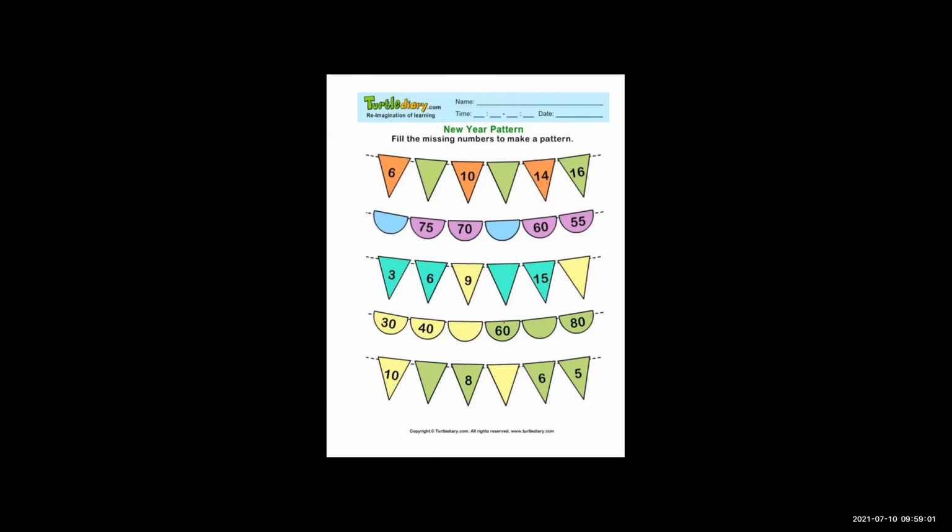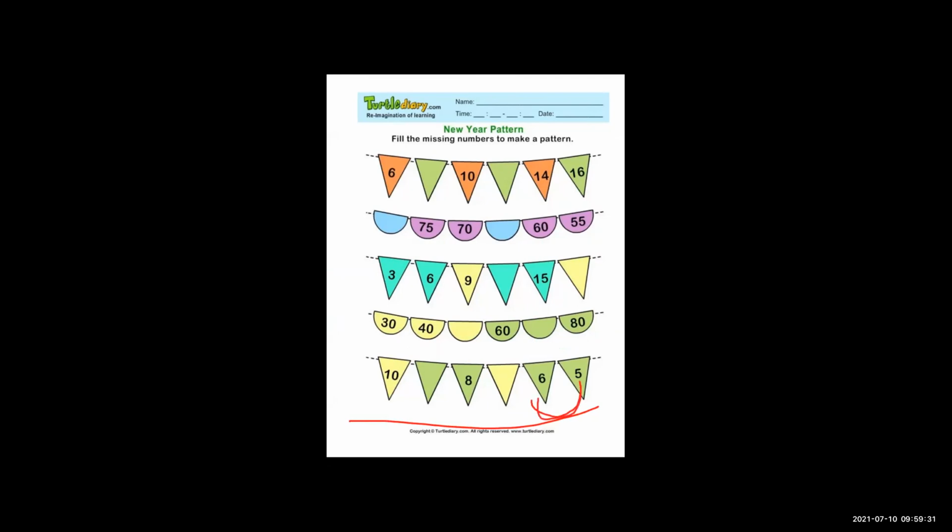Here 30, 40 are given to us. After 30 comes 40, after 40 comes 50, then 60, then 70. Now all students, you can see here is also a forward number pattern: 5, 6.